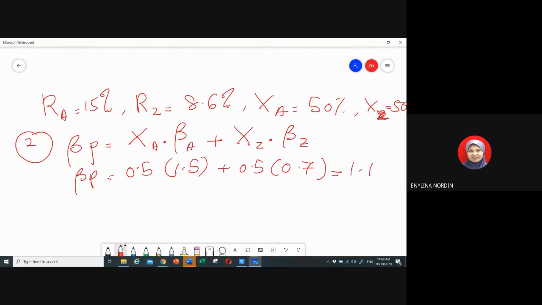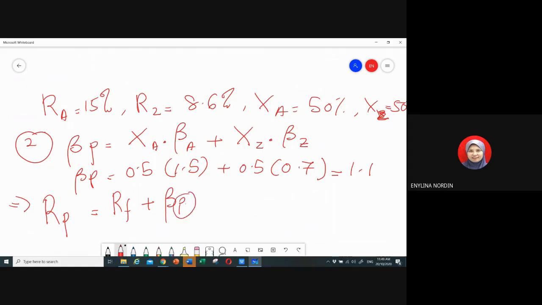Now that you have the beta of the portfolio, you already fall in love with the CAPM formula, right? You don't want to let go of it, you want to use it. So we can use the CAPM formula to directly get the required rate of return of the portfolio. RF stays the same, but this time we use the beta of the portfolio.